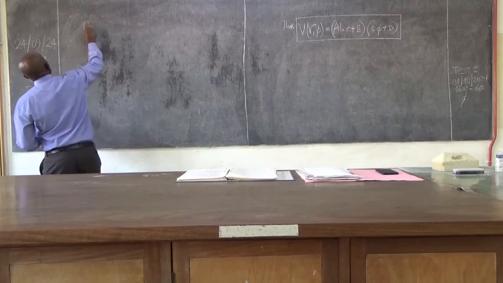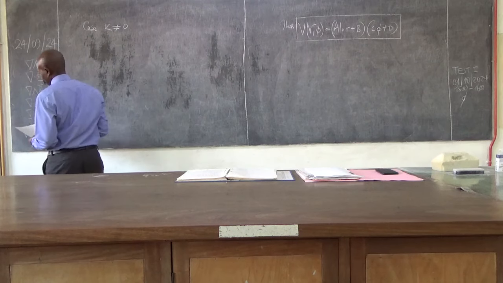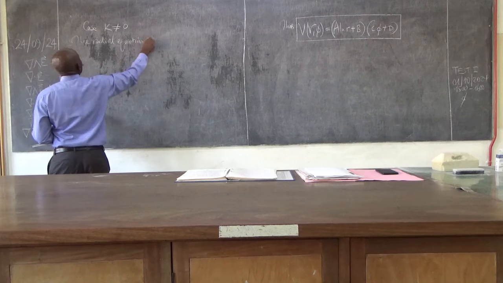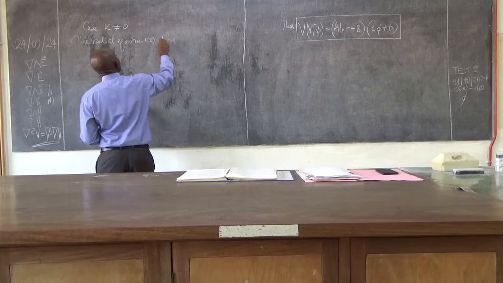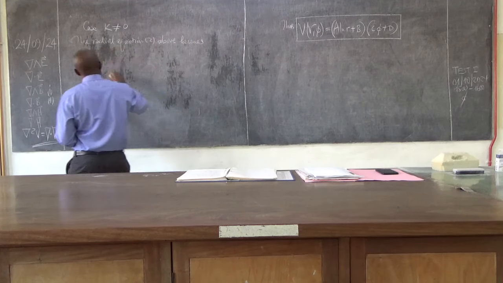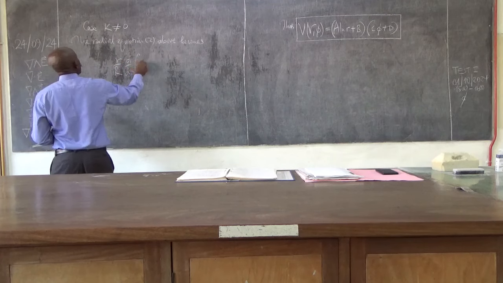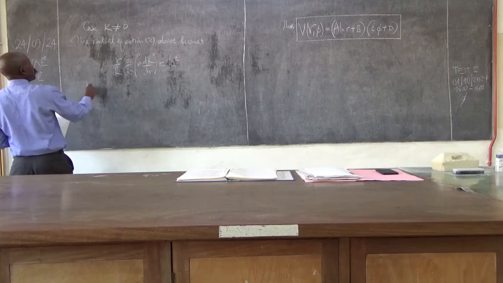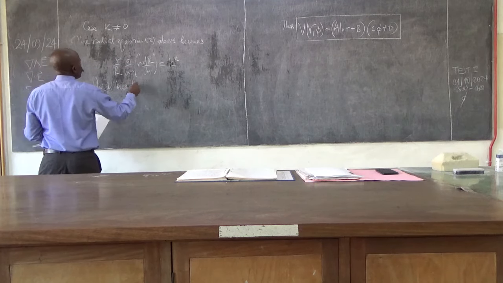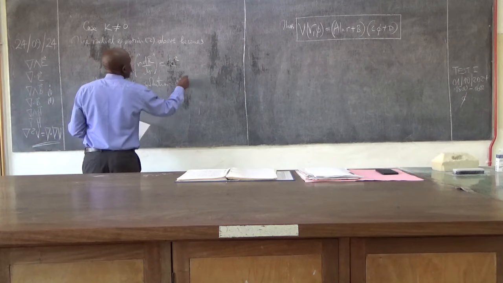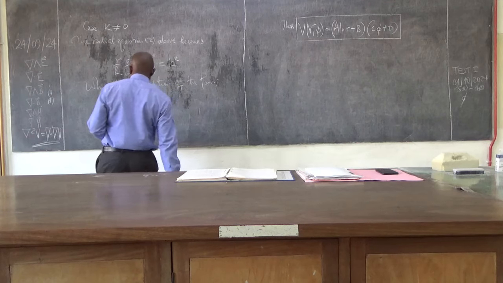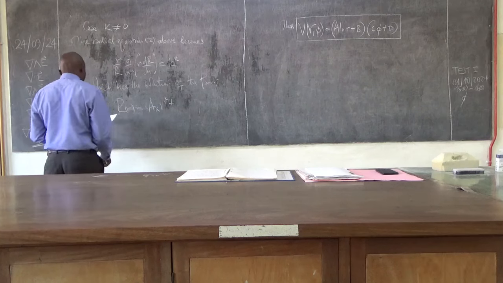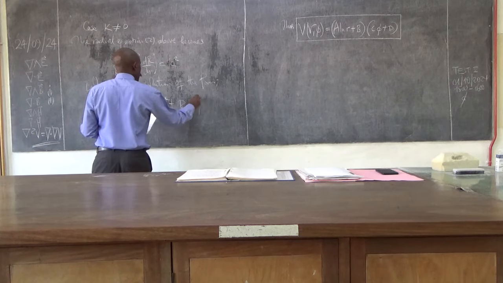Case 2: what if k is not 0? The radial equation 2 above becomes r over R d by dr of r dR by dr equaling k squared, not equal to 0, which has a solution of the form R of r equaling A_k r to the k plus B_k r to the minus k.